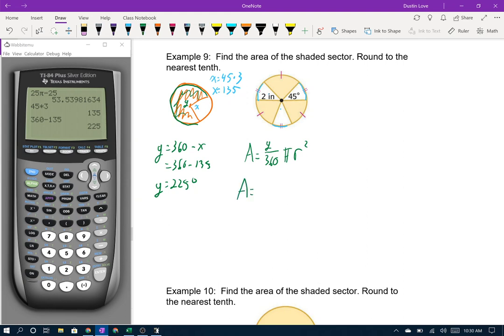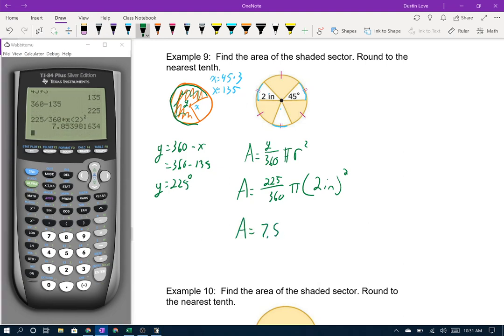So that looks like 225 over 360 times pi times 2 inches squared, and nearest tenth, so I'm just going to type it in. 225 divided by 360 times pi times 2 squared gives me my area is 7.9 inches squared.